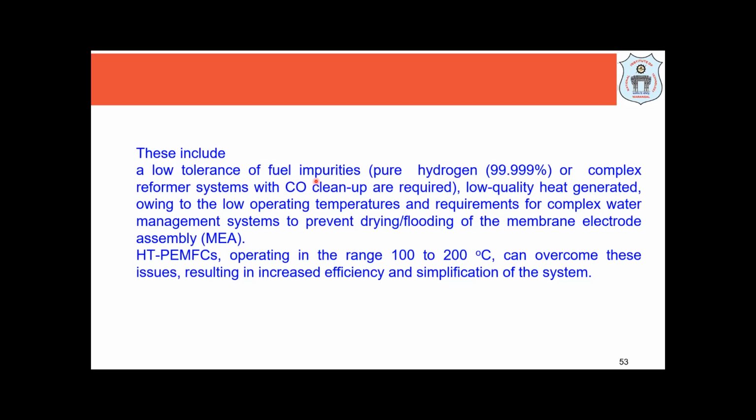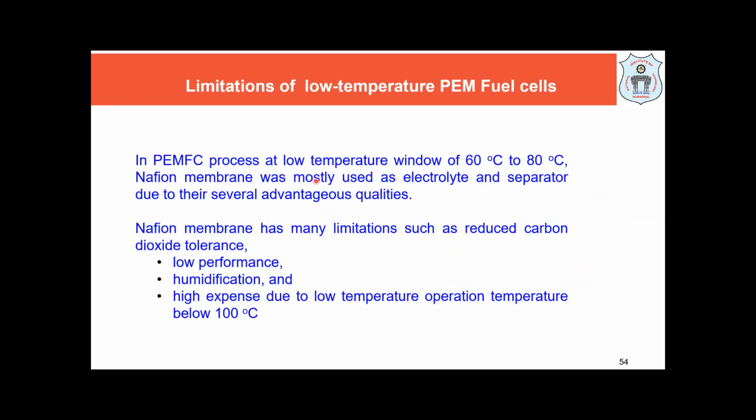If you are looking at high temperature PEM fuel cells, when they are operating in the range of 100 to 200 degrees Celsius, they can overcome all these issues, which will result in increased efficiency and simplification of the system. Okay, so why do we have to go for high temperature fuel cells? Because we have some limitations with these low temperature fuel cells, particularly when operating at a low temperature like 60 to 80 degrees Celsius.